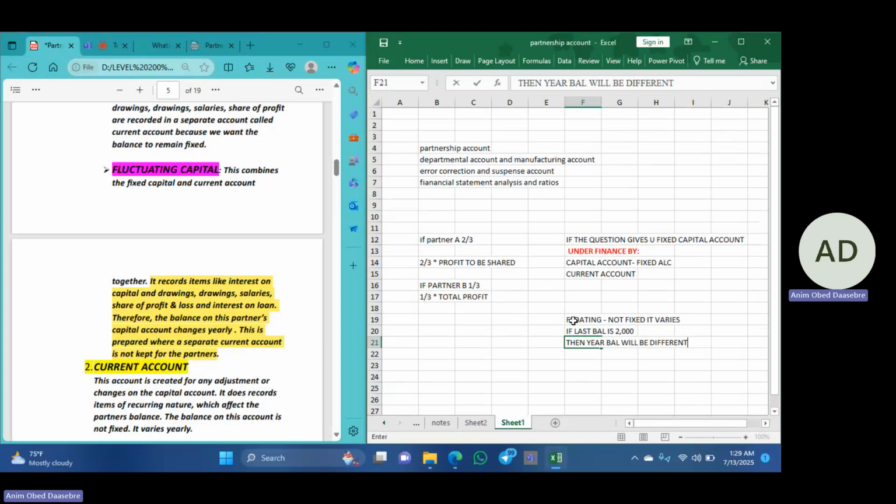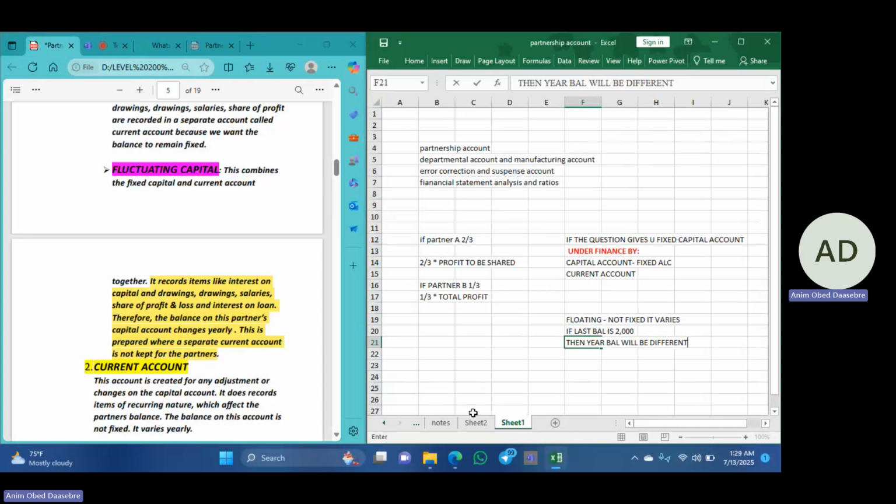It will not be the same as 2,000. It will be either less or more. That's what the fluctuating capital account means.